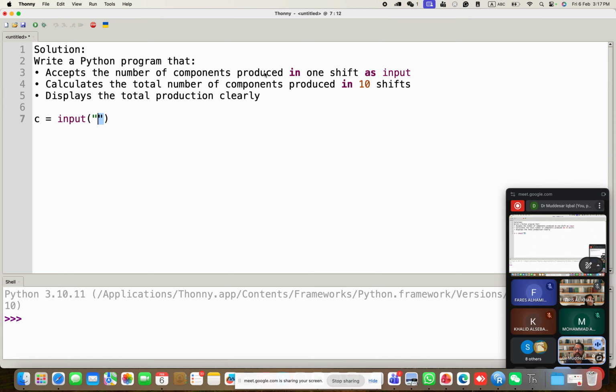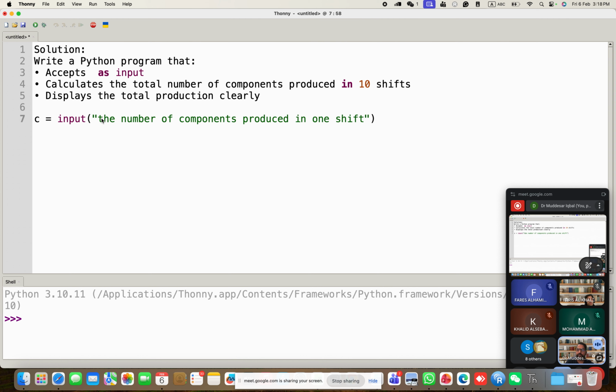Enter, and then I can just copy this: enter the number of components produced in one shift. I cut this and paste it here, and that becomes my message. All I'm asking is to enter the number of components produced in a single shift.